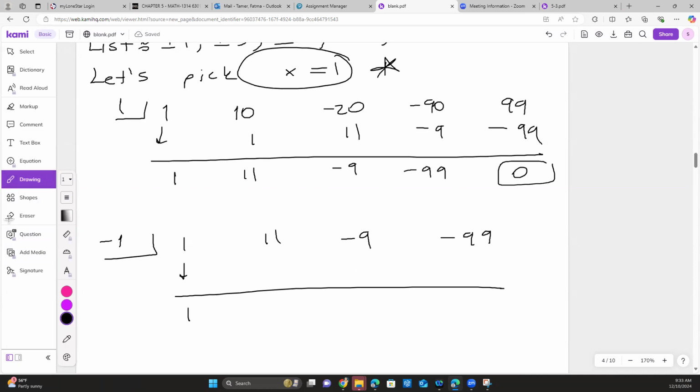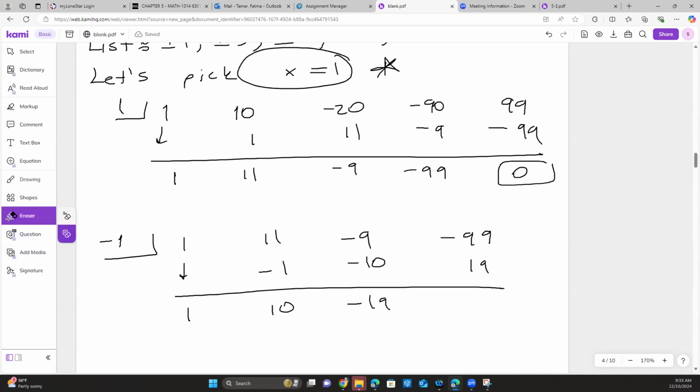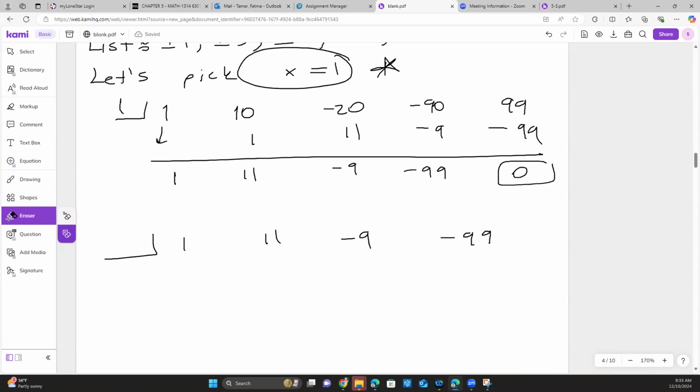Bring down the first number, multiply, add, multiply, add, multiply, add. It doesn't work. So this is a very good example of how I pick a number, and if it doesn't work, I just change it again. So both negative 1 and positive 1 didn't work. It's okay. This is good brain gymnastics. So I just have to pick some other number.